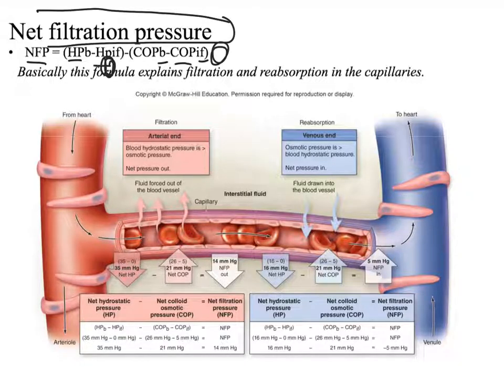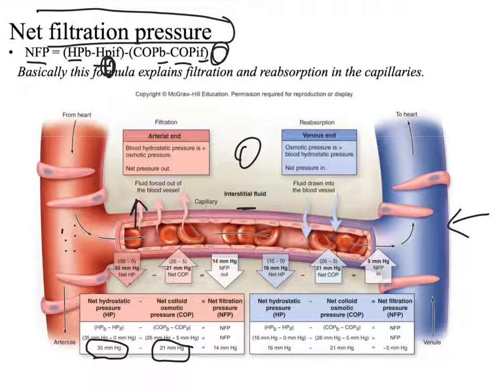Let's look at this picture. Here's the arteriole right here, and then here's a venule. Here's the capillary. Here's the fluid around the tissues. At the arterial end, what we're trying to see is that we have a higher blood pressure forcing fluid out than we have colloidal pressure taking fluid in.